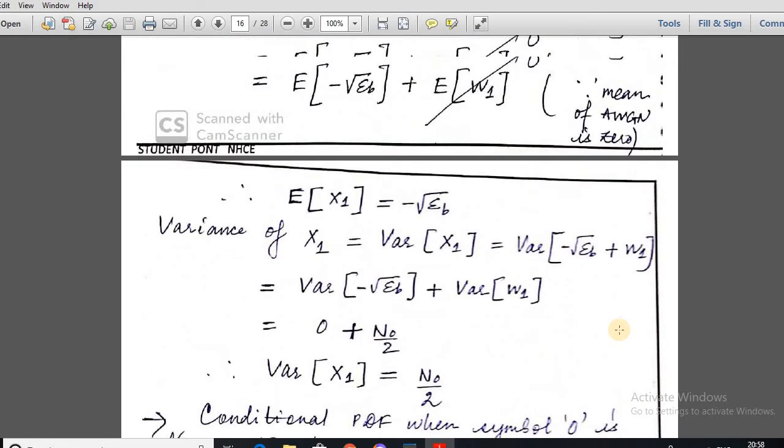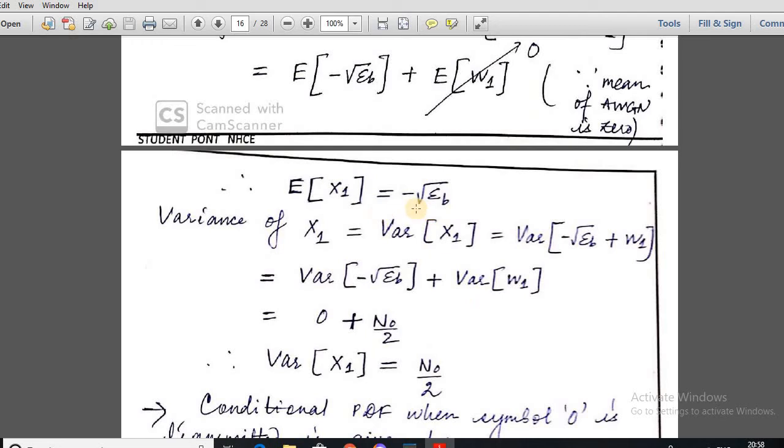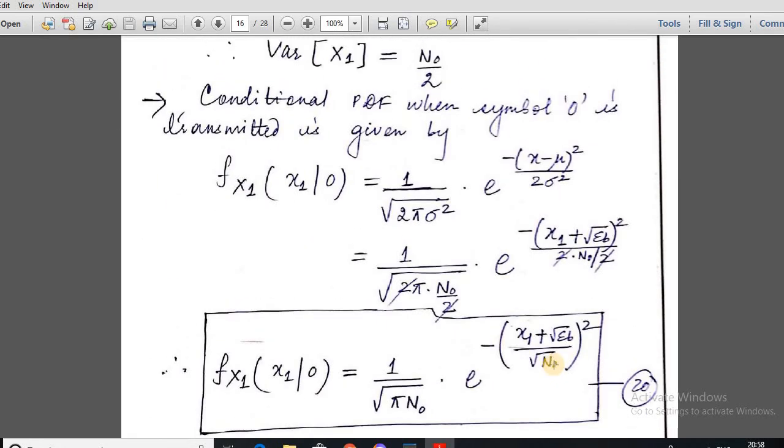Using these two values, the mean of x1 as minus root of Eb and the variance of x1 as N0 by 2, we will substitute into the conditional PDF expression. The noise being Gaussian, I write the conditional probability f of x1 given that 0 is transmitted. This is the probability density function of a Gaussian distribution. Students, you have to remember this.